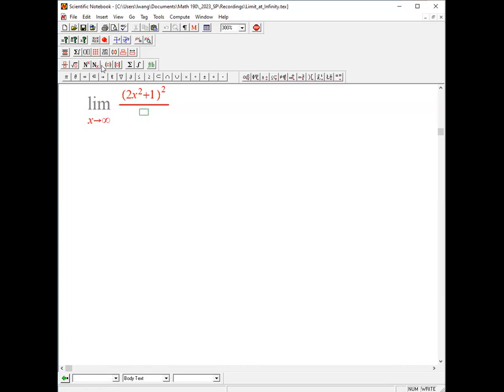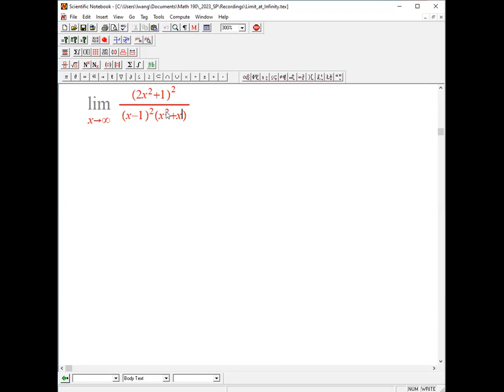And the denominator is x minus 1 squared. And then we have x squared plus x, right? Do we need to FOIL everything?